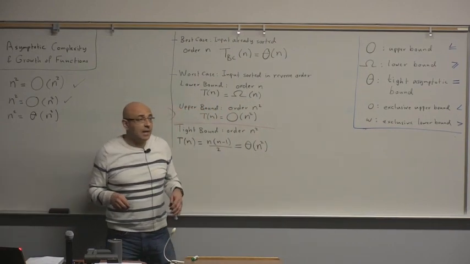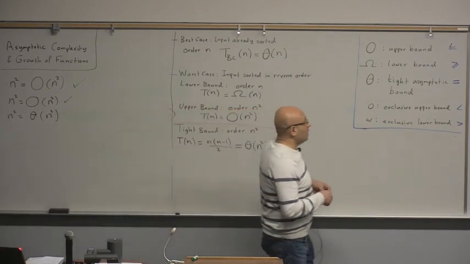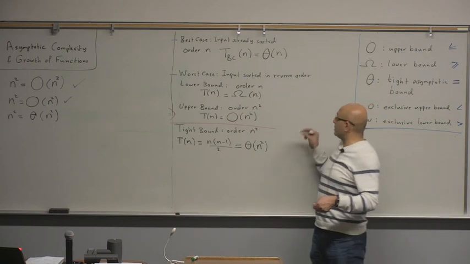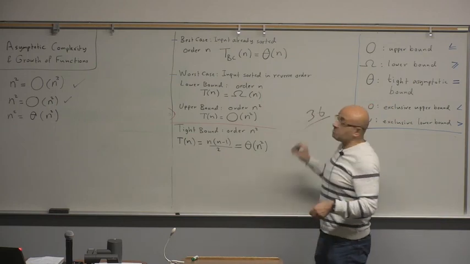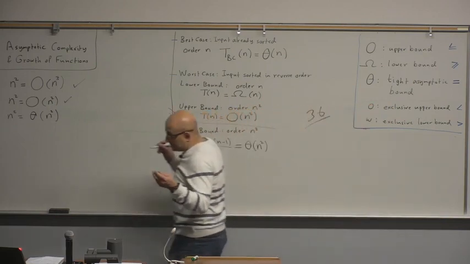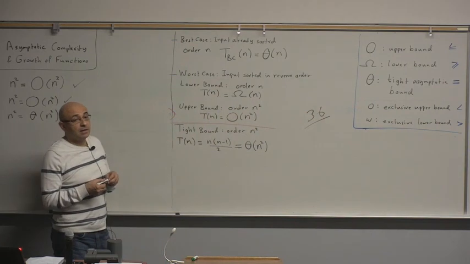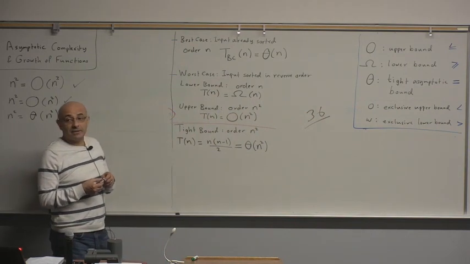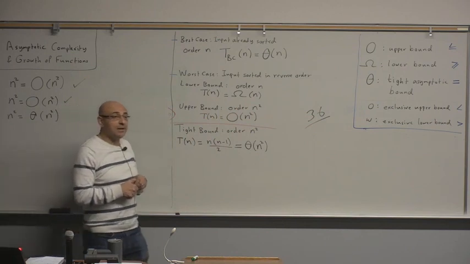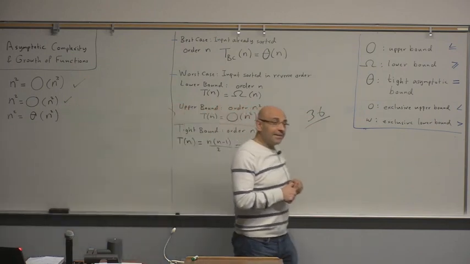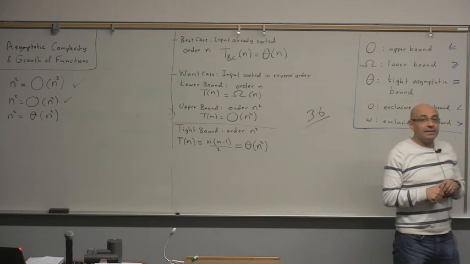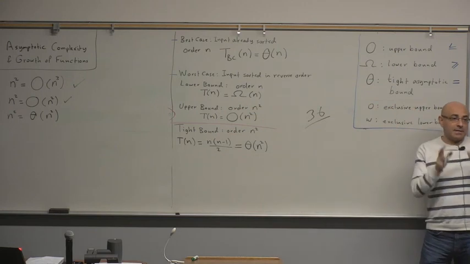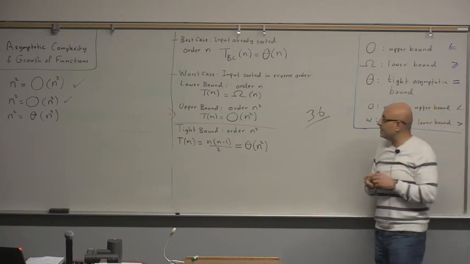It's like asking someone how old are you, and they are 36, and they say, I'm 36 or younger. This is a true statement, but it's not as informative and not as precise. When they say I am 36, that's more precise.